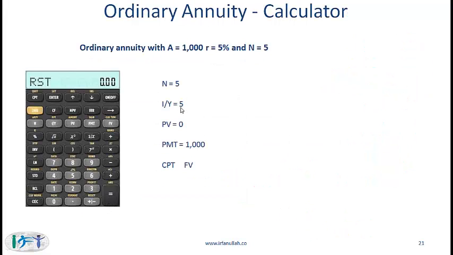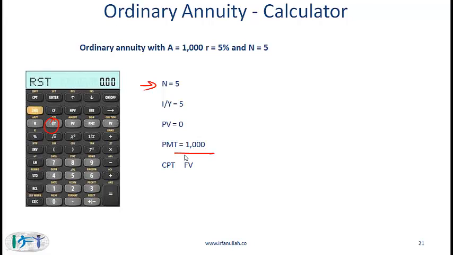And finally, let's see how we do this using a calculator, and this is the method that you should use on your exam. We plug in n equal to 5, that's the number of periods. The interest rate per period is 5%, so plug that in. Present value is 0. That's because you are not making any investment at time 0. The first cash flow is happening 1 period from today. The payment is 1000.